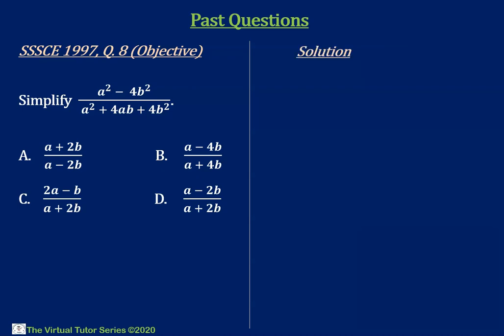Solution. Here is the question. 4 can be expressed as 2², so the numerator can be rewritten as a² - (2b)².